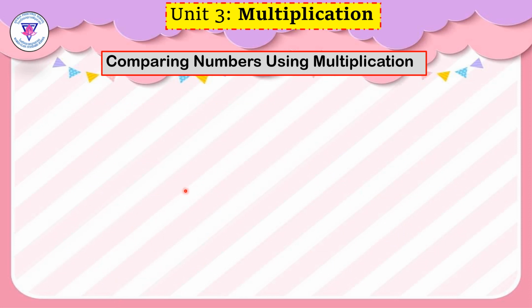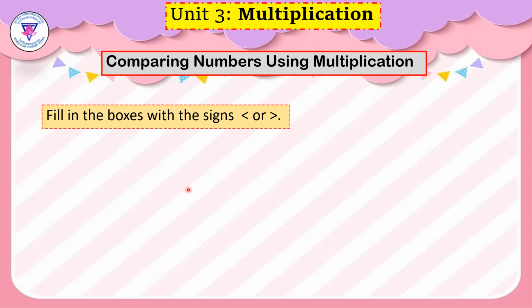So let's try also comparing numbers in multiplication using the sign or the symbols of less than or greater than. When we say less than, it's what we call smaller than, and when we say greater than, it's bigger than. So let's try this example.